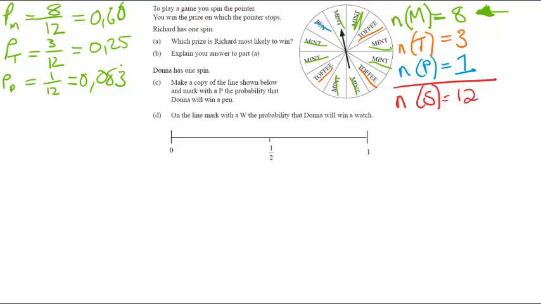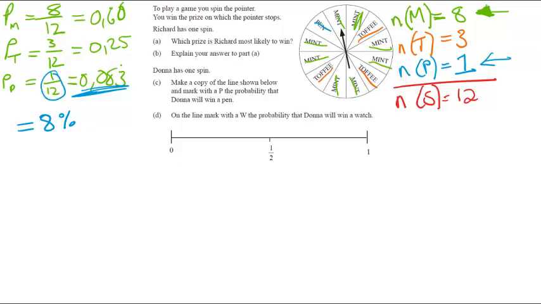All right, question number C says Donna has one spin. Make a copy of the line that you see below and write the probability that Donna would win a pen. So we've said the probability of a pen is going to be 1 out of 12, which is over there. 0.08 translates to, when I multiply it by 100, 8% probability of it happening, right?